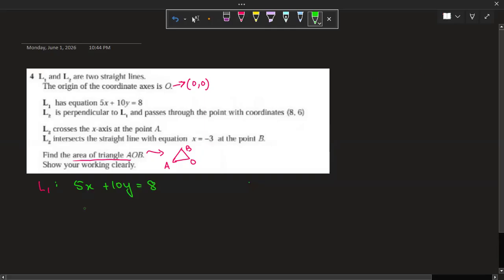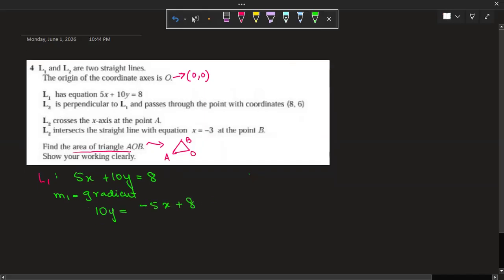What if I find the gradient of this L1? Let me call M1 the gradient. So what I can do is make this L1 in this form: 10y equals minus 5x plus 8, right?